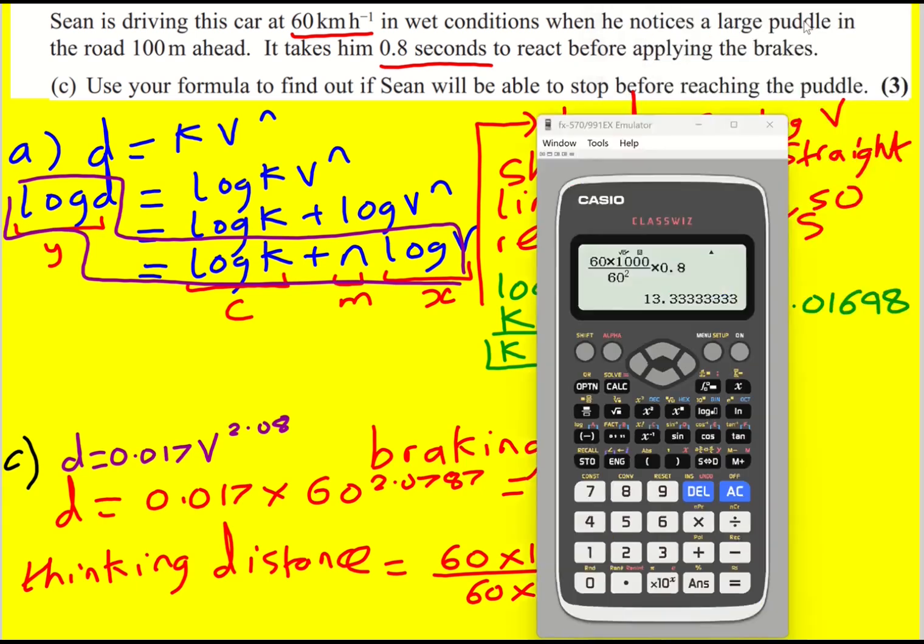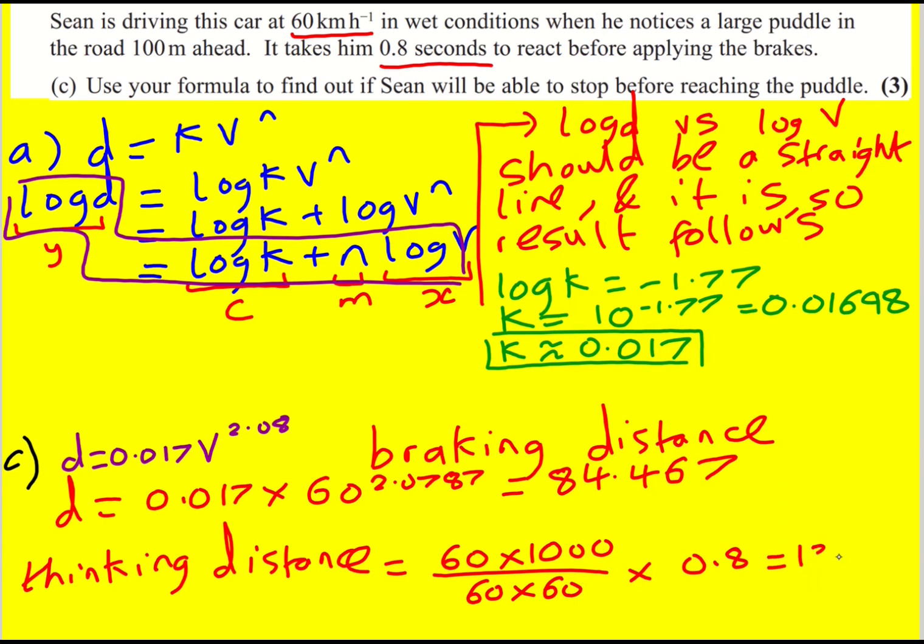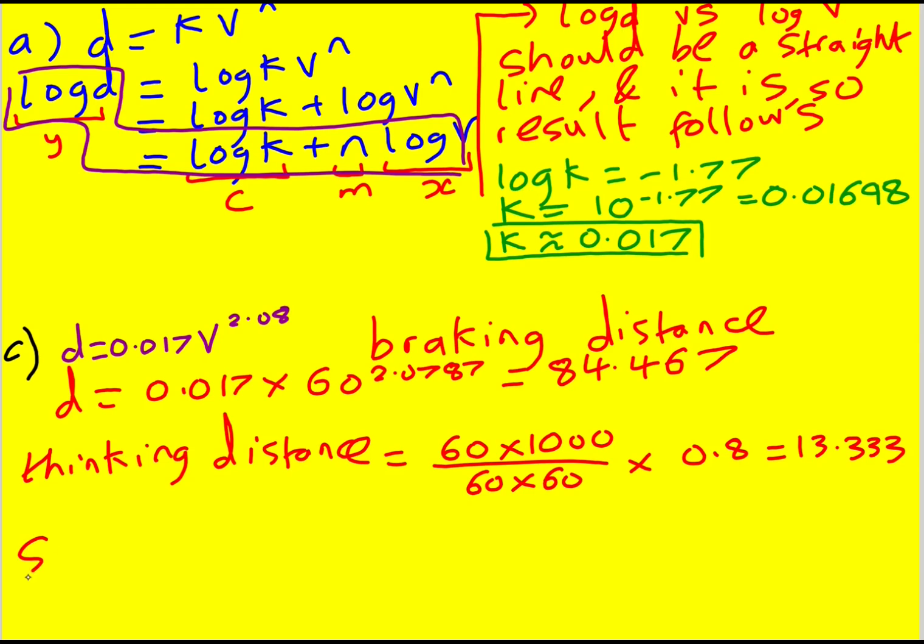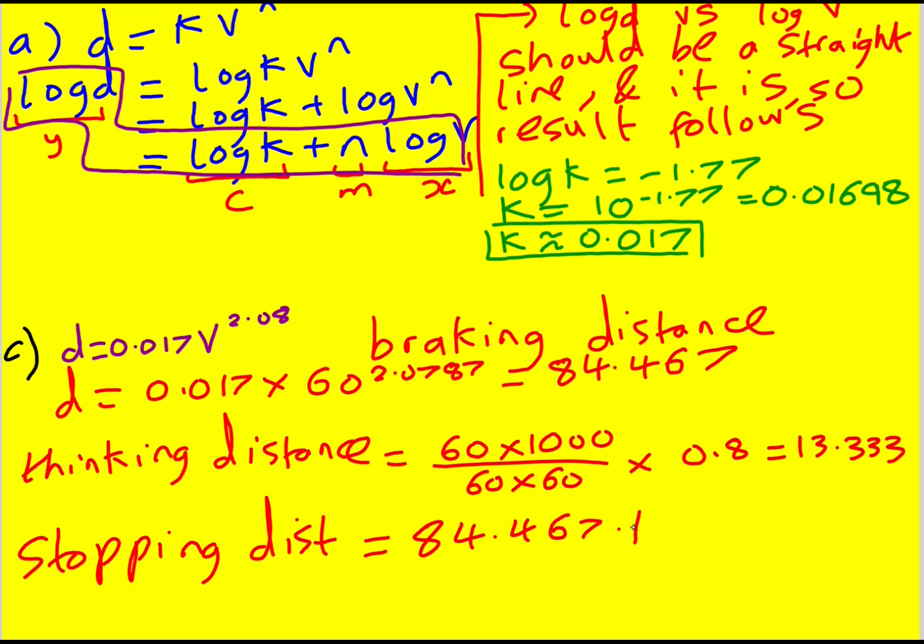This gives us 13.3 recurring, which means the stopping distance. I'm using technical words here. Actually, this is in the highway code, but don't stress about it. You just have to realize to add them together. So stopping distance would be 84.467 plus 13.333.